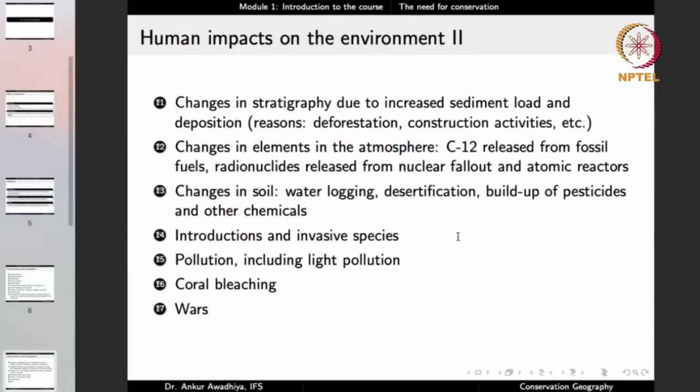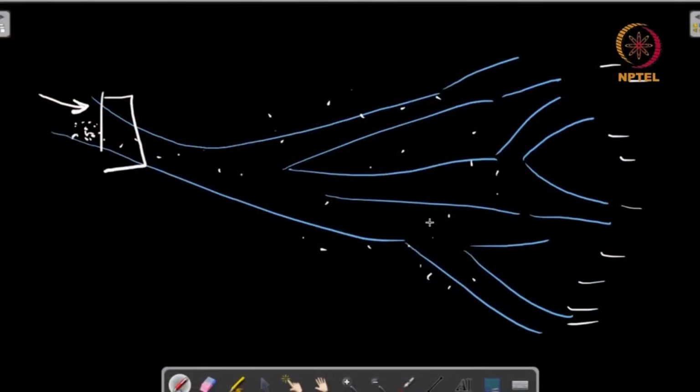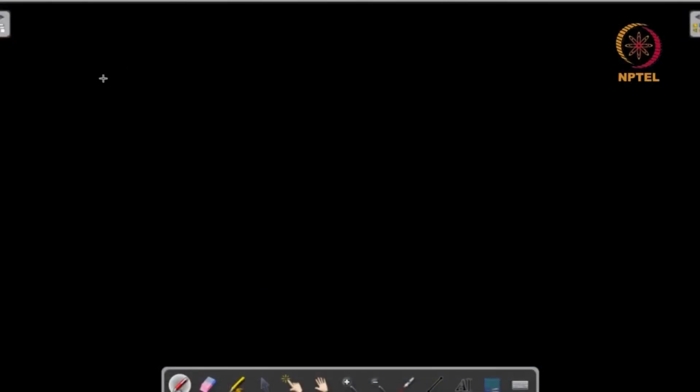So we are observing waterlogging, desertification, and a buildup of pesticides and other chemicals. And in a large number of cases, these pesticides also bioaccumulate and biomagnify. What does that mean?